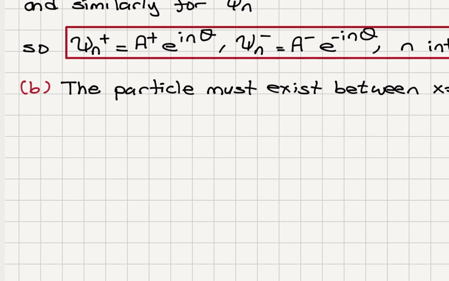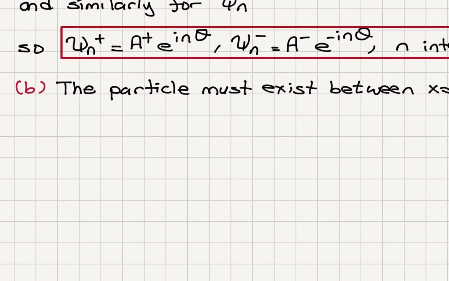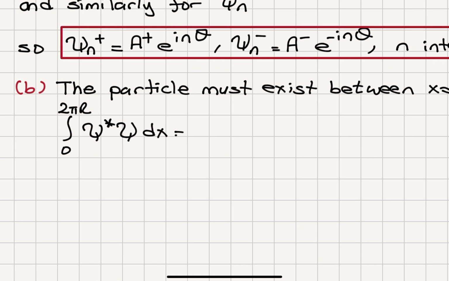So if I look at the normalization condition, integral from 0 to 2 pi R, psi complex conjugate psi dx is equal to 1, which is the absolute square.